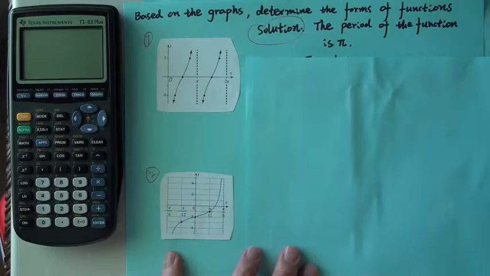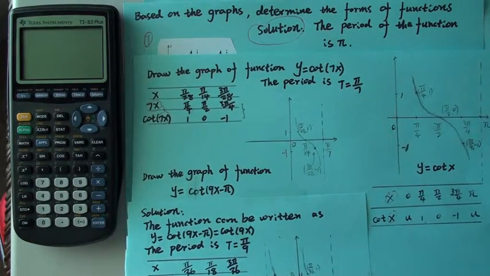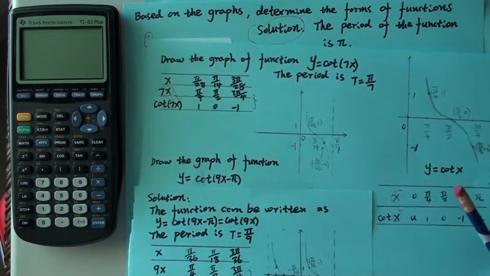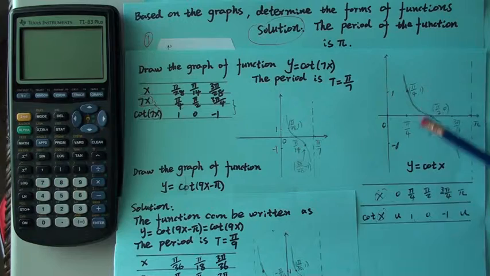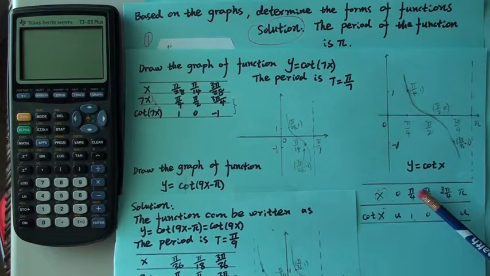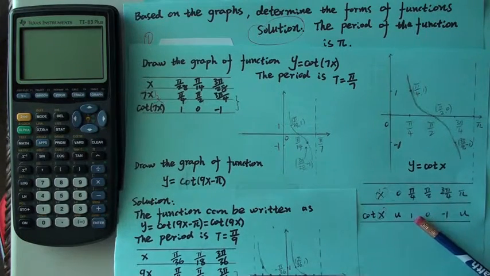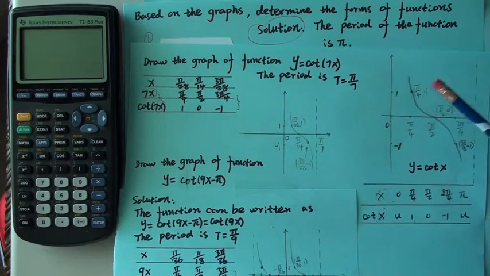Alright. Then you may think about cotangent. Cotangent, previously we know, has this typical picture and typical values. That's for cotangent. When x equals pi over 4, we know cotangent pi over 4 is 1. So basically, you see, this is the point.